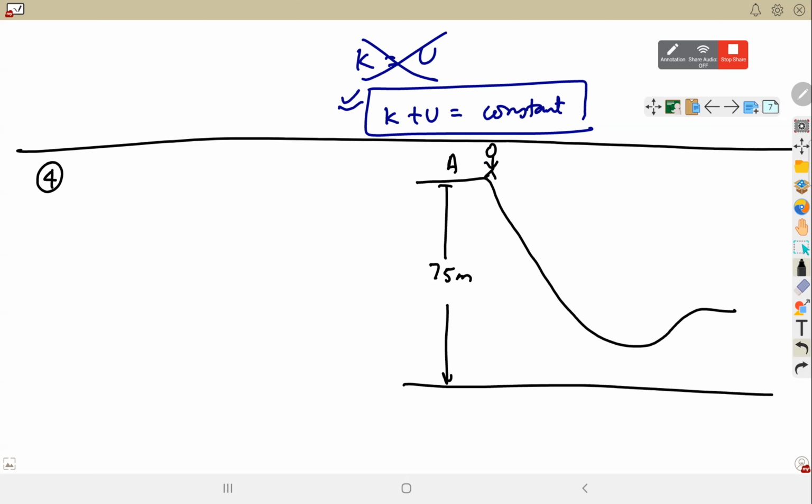He moves from A and takes off his jump at point B, where the height is 15 meters. Calculate the change in gravitational potential energy of the skier between A and B. So between A and B, the height that it descends is 75 minus 15, that's 60 meters.